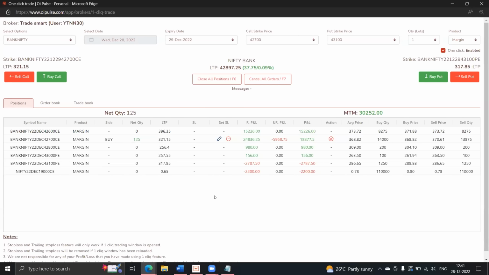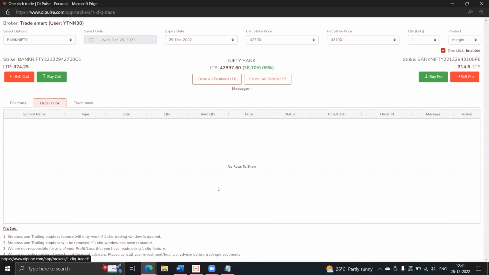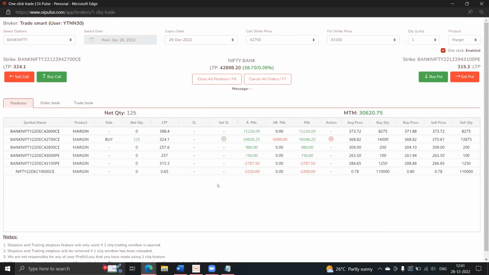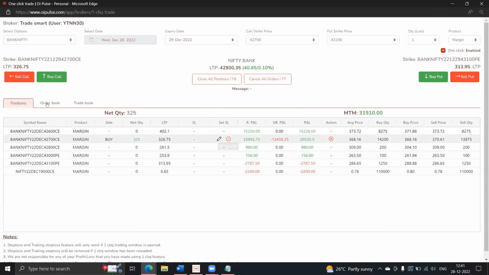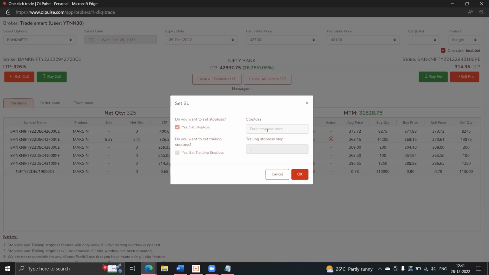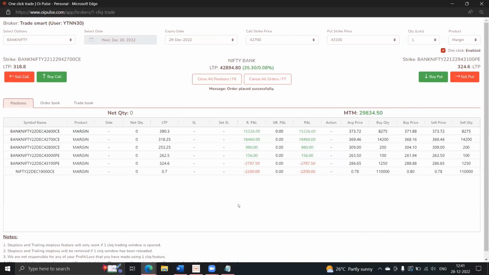It is like a quick move happening here. It is too volatile.